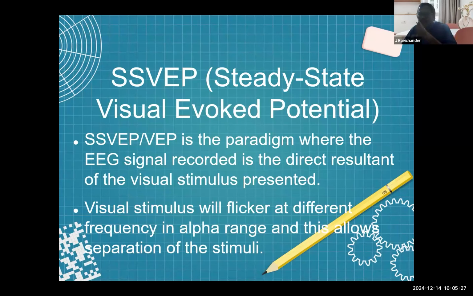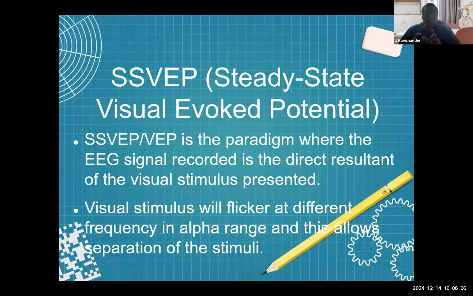There are different flicker frequencies. If you look at one particular flickering frequency, it results in one type of signal. If you look at another flickering frequency, it generates another type of signal. That is how we can extract the signals.